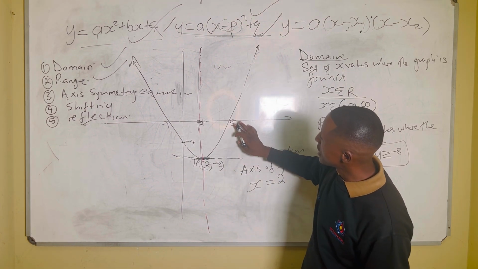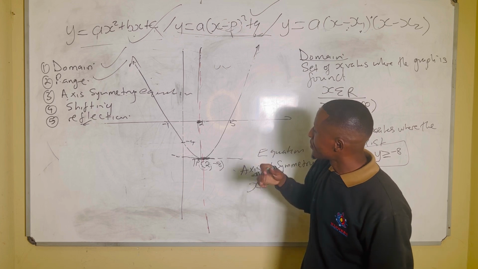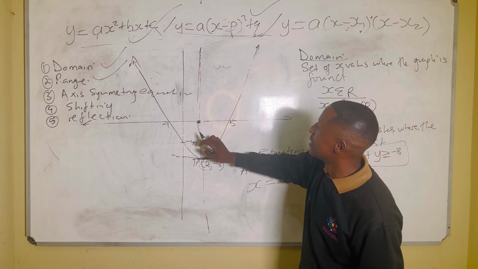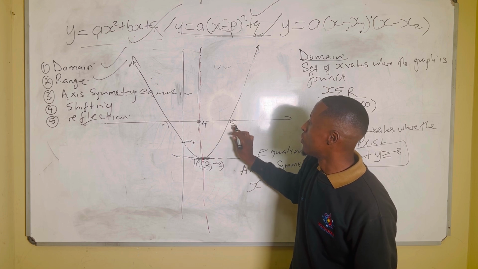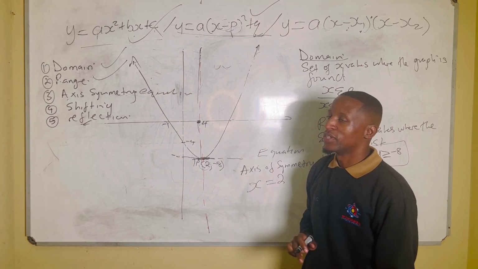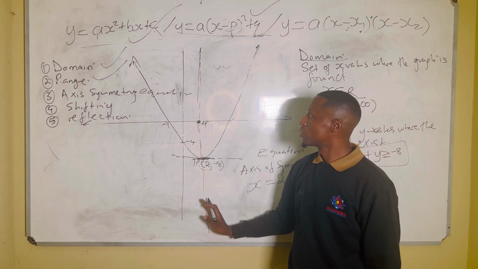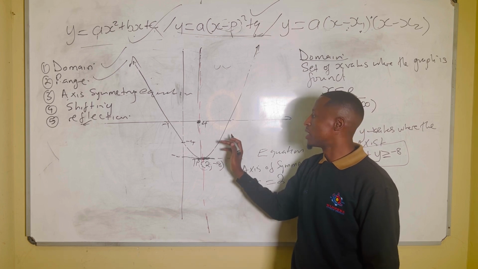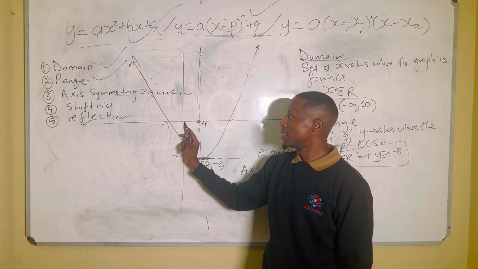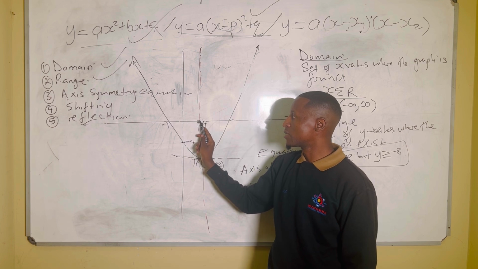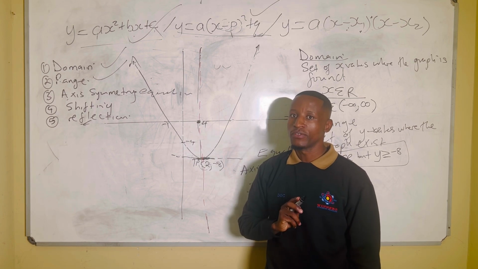In other words, if I was not given this x value, let's assume here it was -1 and here it was 4. Using that method of axis of symmetry, you're supposed to be able to get this value, because from here to here is 1 unit and from here to here is 4, meaning altogether it's 5 units.